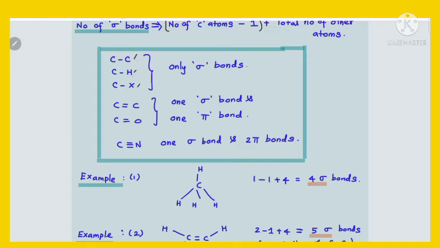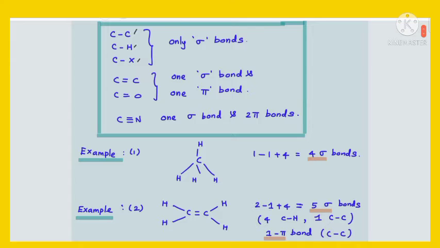If you have a carbon carbon double bond or carbon oxygen double bond, among the two bonds one is a sigma bond and the other one is a pi bond.